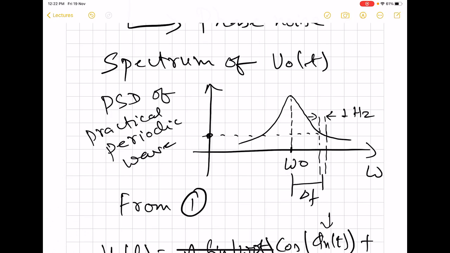And then we also measure the power of the carrier. So this is the power of the carrier, and this is the power in 1 hertz bandwidth at a certain offset given by delta f.